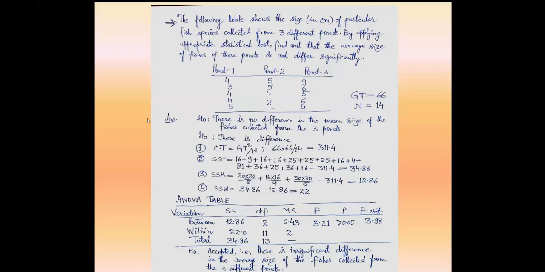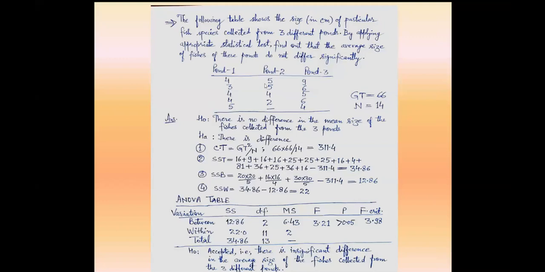For SST, what we are doing is that every value is being squared. That is 4, its square will be 16. Then the second value is 3, this 3 is being squared and its value is 9. Again 16. So we are actually making a square of every value: 4 square, 3 square, 4 square, 3 square, 5 square.